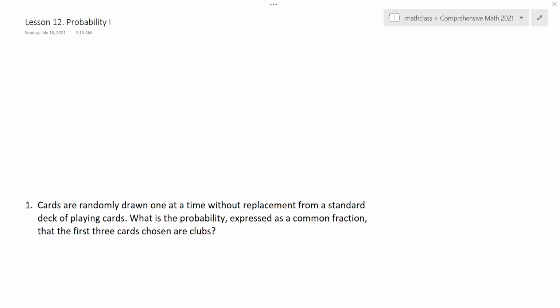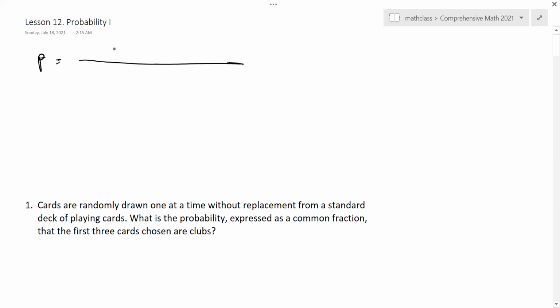The key point is how to count the possibilities and the number of ways to do something. Then use the definition of probability to figure out what the probability is. The definition is very simple, in general.